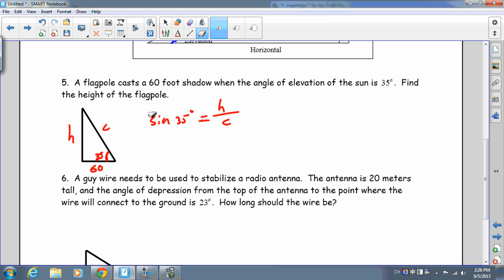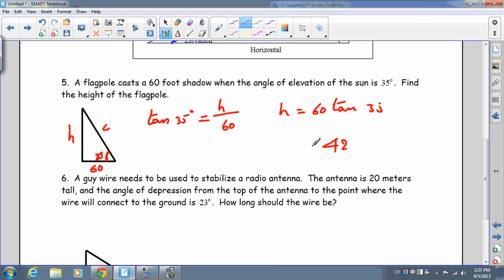So instead of the sine, I will go ahead and use the tangent, because the tangent is the only one that connects this 60 to this h. So I will say tangent 35 is h over 60. So the height itself is equal to 60 tangent 35. And 60 tangent 35 is approximately 42.012 feet.